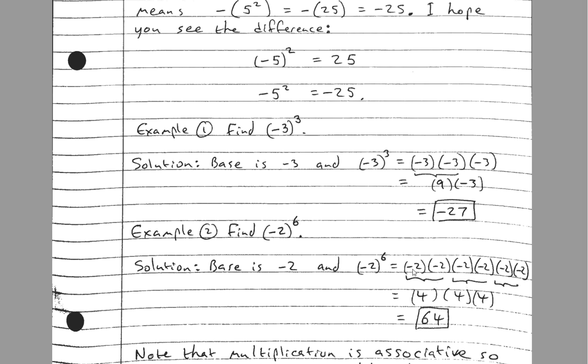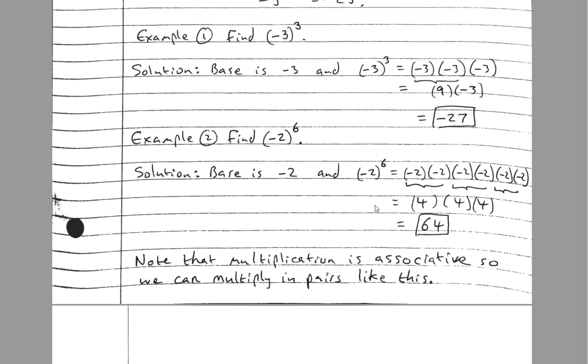And that makes sense. Again, you could think of the signs canceling in pairs. No odd parts left over, so the answer is positive. Here, two of the signs canceled, but there was still one negative left over, so the answer was negative.